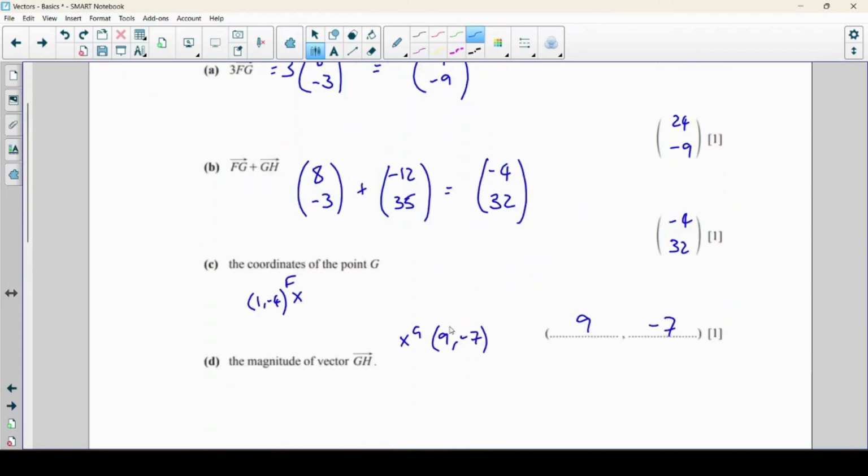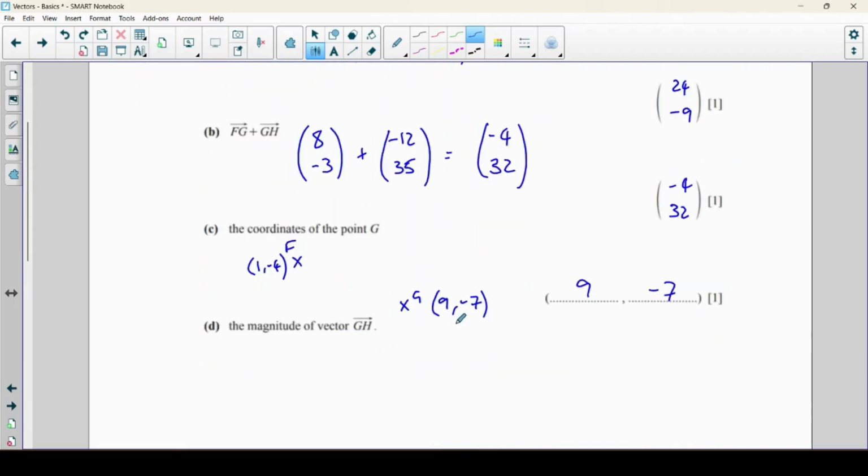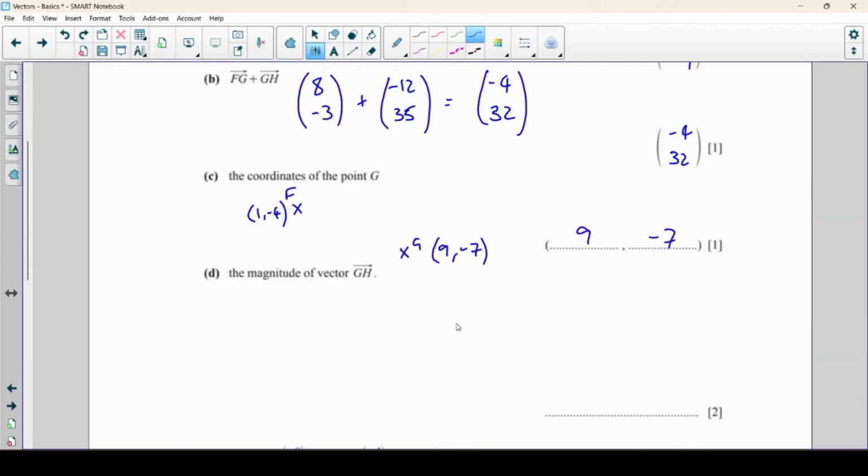Now it wants the magnitude of the vector GH, and the vector GH was (-12, 35). So a bit of Pythagoras: minus 12 squared plus 35 squared. Judging by the numbers, I'm guessing this is a calculator paper. This one we can do no problem, 144.